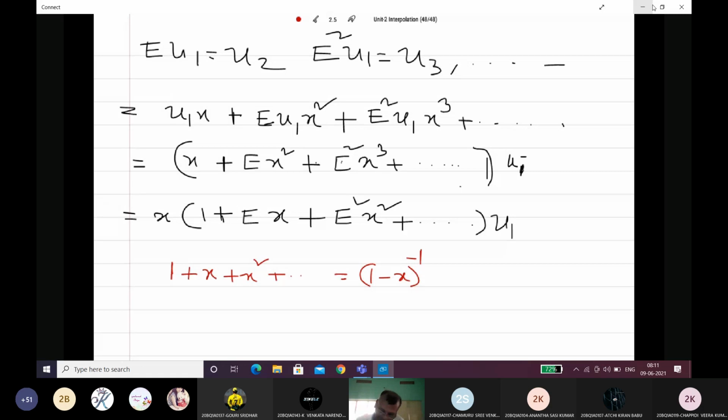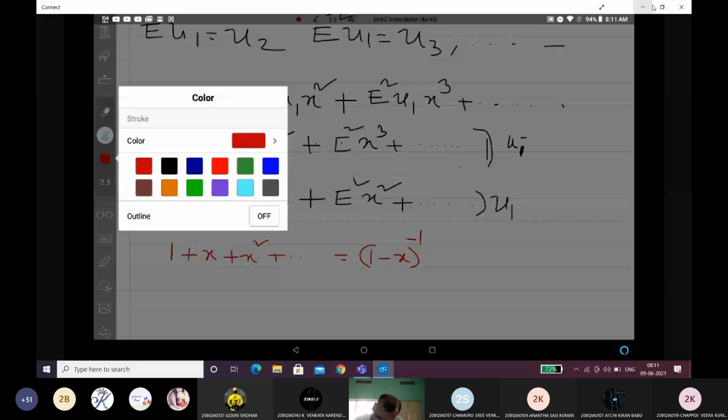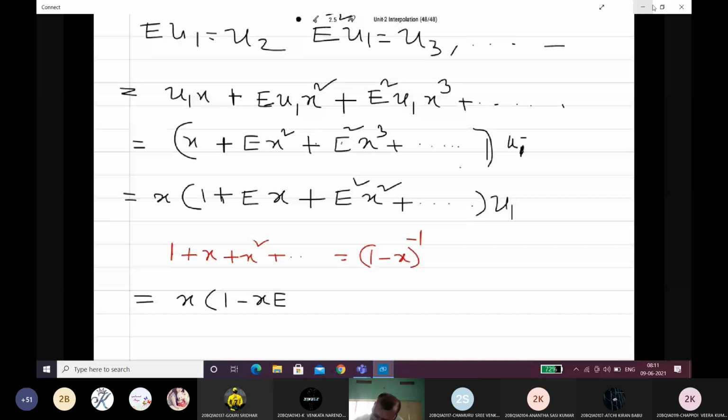In the same phenomenon we write this one as x into (1 minus xE) whole power minus 1 of u1. Now what is the value of E? E is equal to 1 plus delta, that we have to write.